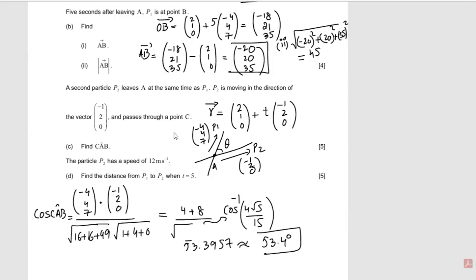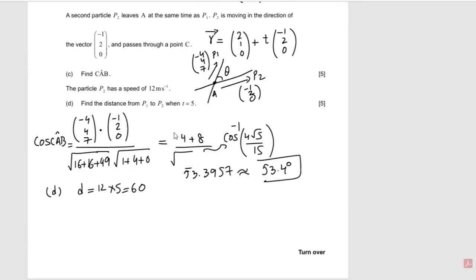All right, so this can be done very simply as well, again with the cosine rule. Look, particle P2 is traveling with a speed of 12, and at t equals 5, its distance is going to be 12 times 5, which is 60.